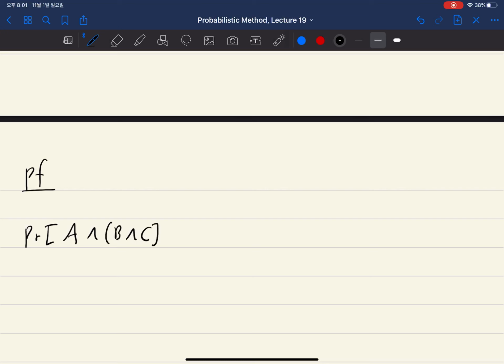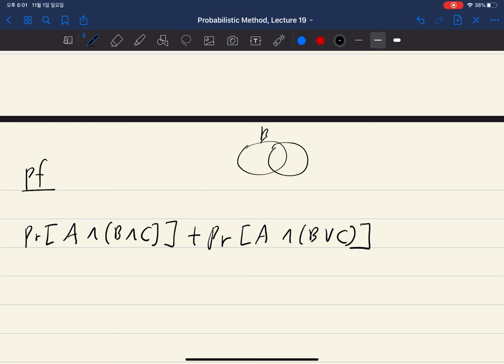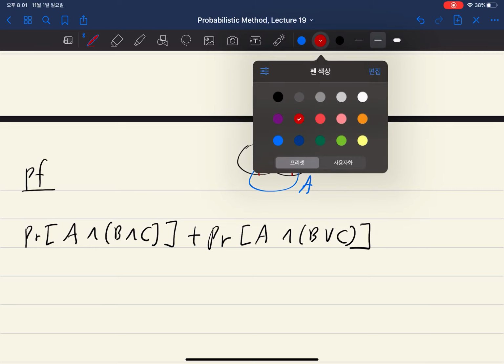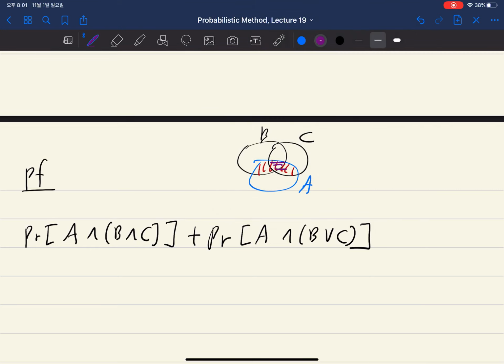You just consider this. So you have B, C, and A. What you do is you take the probability of these and these, and that's the same as adding this probability and this probability.